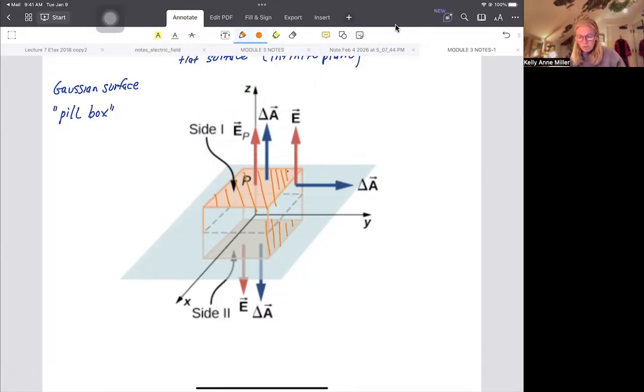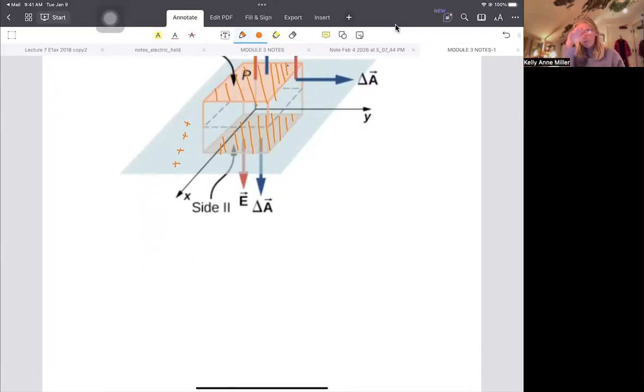Those two surfaces meet our requirement of the area vector of that surface being parallel to the electric field. The charges are all over the plate, so the electric field lines are going up and down. They're drawn in red here, going up and also going down.